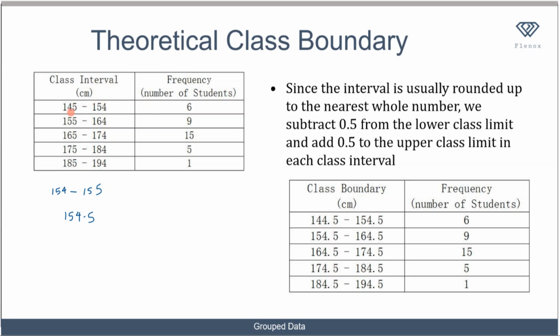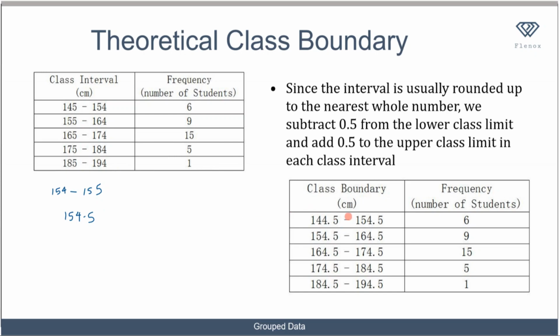So when I minus 0.5 from 145, I get 144.5, and when I add 0.5 to 154, I get 154.5. So this interval now represents my class boundary. This class boundary accommodates numbers that would otherwise not be accounted for.